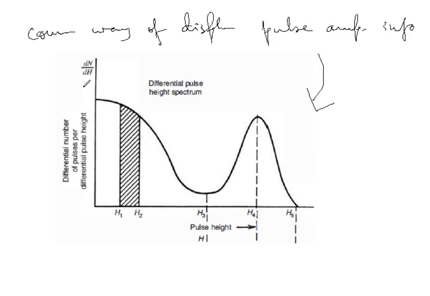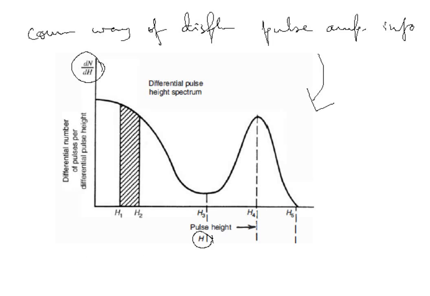So basically we have the differential number of pulses dN divided by the differential pulse increment dH. This is dN/dH, and this is just the pulse height H.